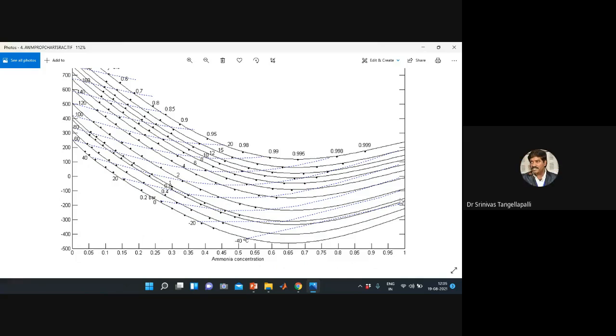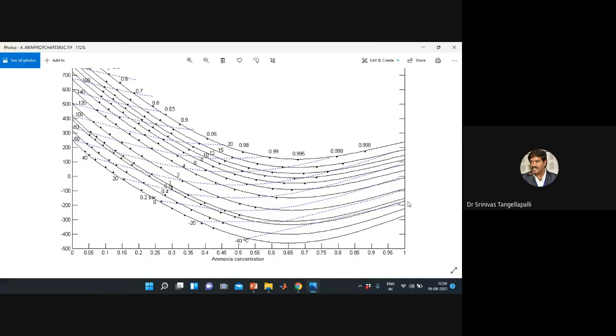It's minus 34, minus 35 around atmospheric conditions, I am saying. So you are able to define the bubble point temperature at given pressure and concentration. At given pressure and concentration, you are able to read the temperature.